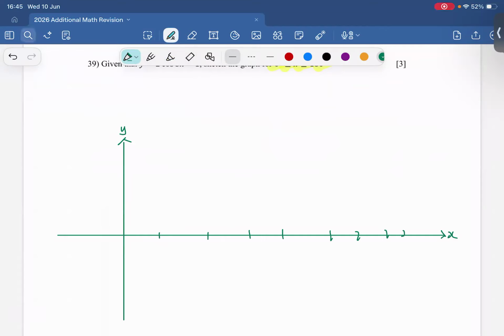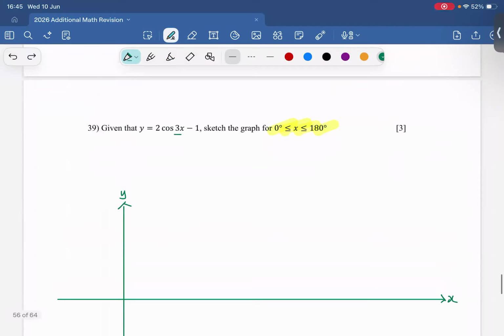And how do you know? It comes from this 3x. This 3x tells me that I would have 3 cycles in 360 degrees. So one cycle, which is your period, will complete in 120 degrees.